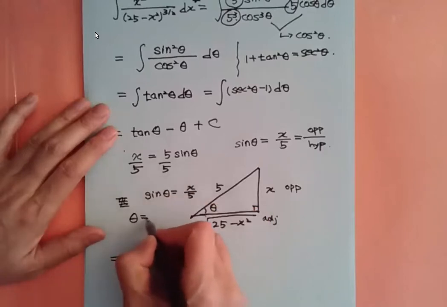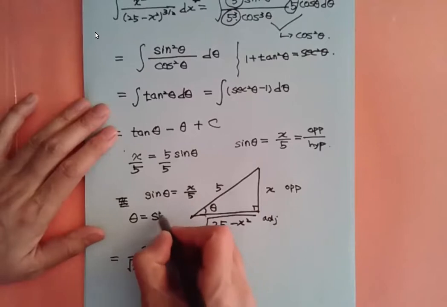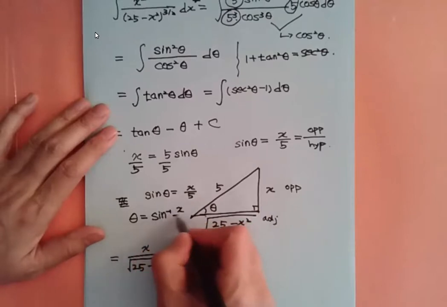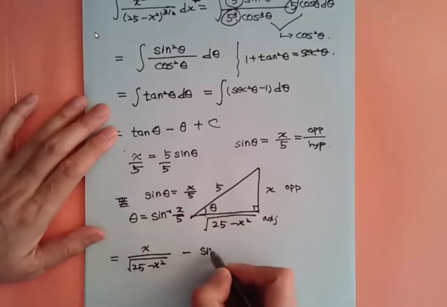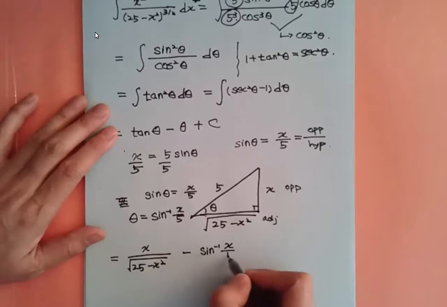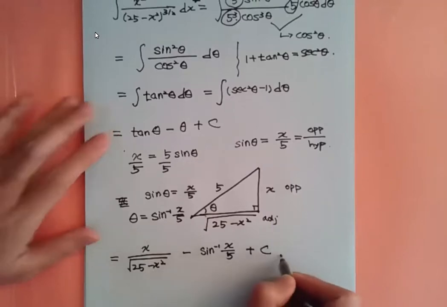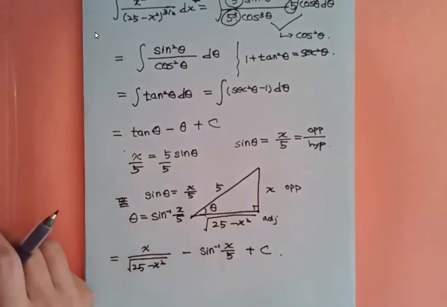So theta is sine inverse of x over 5. So minus sine inverse of x over 5 plus c. Any questions?